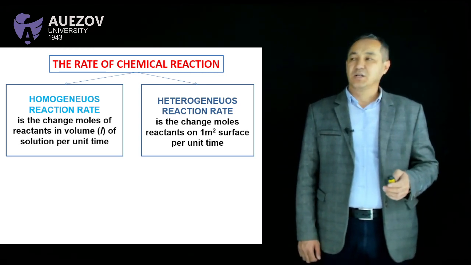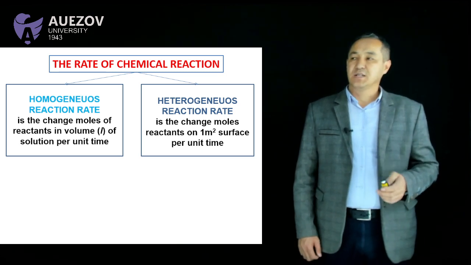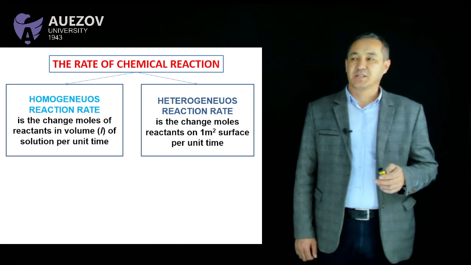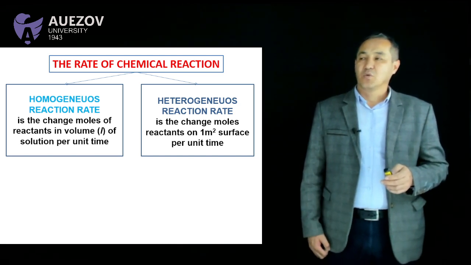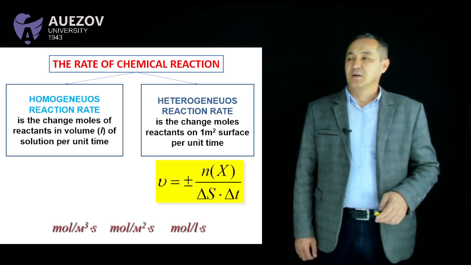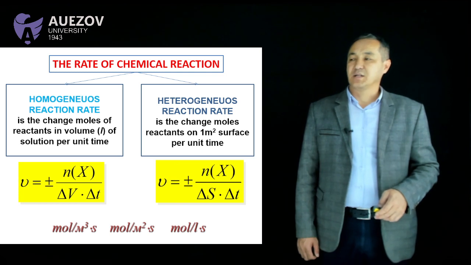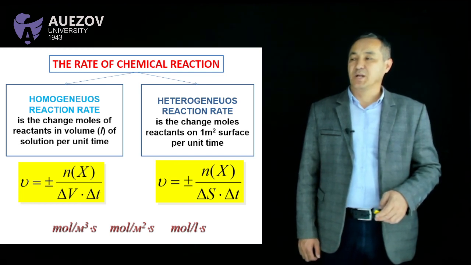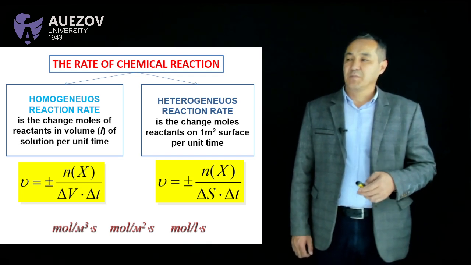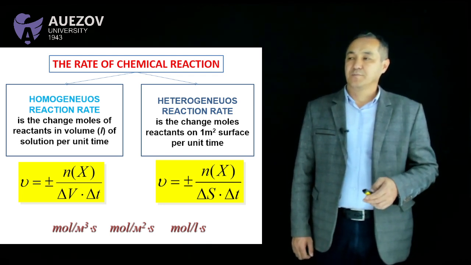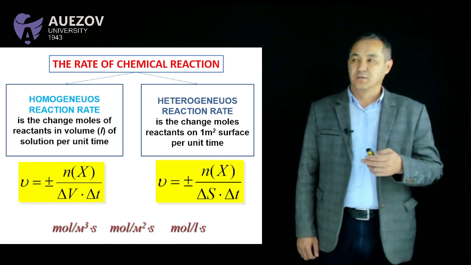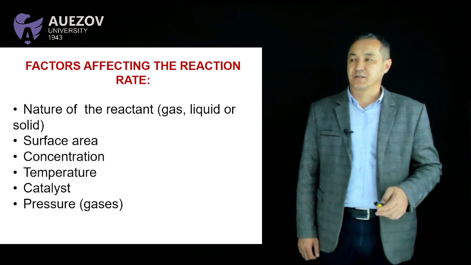And heterogeneous reaction rate is the change in moles of reactant on one square meter of surface per unit time. On the slide below, we can see the chemical formula for calculating the chemical reaction rate.